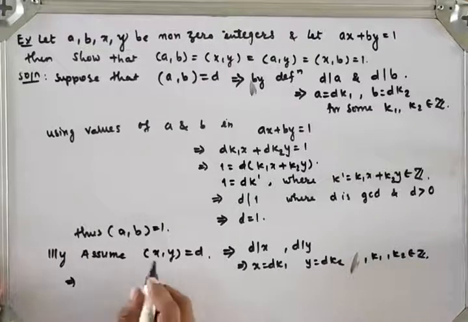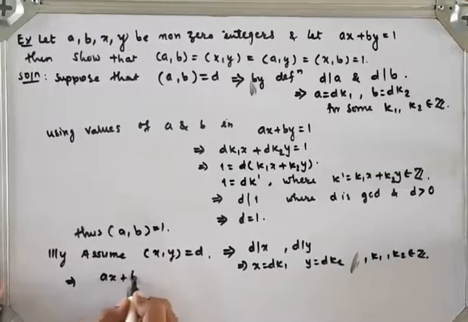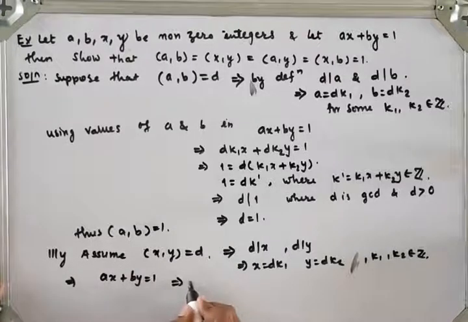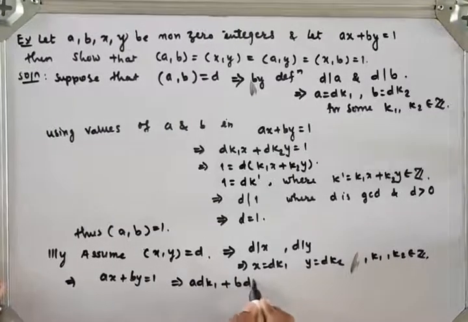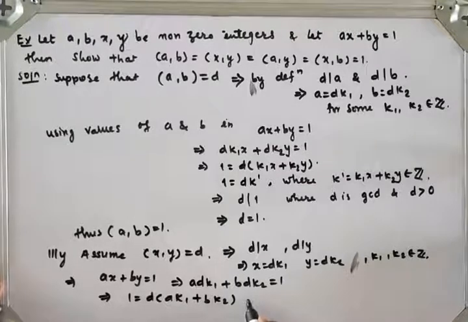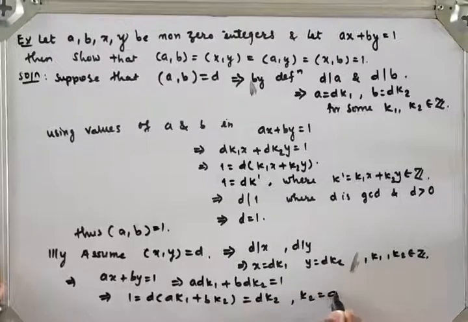Then what is the equation? ax plus by is equal to 1. So using the values of x and y, a dk1 plus b dk2 is equal to 1. So we will get 1 is equal to d into bracket a k1 plus b k2. So this is the value of k dash, which is a k1 plus b k2, belonging to the set of integers.